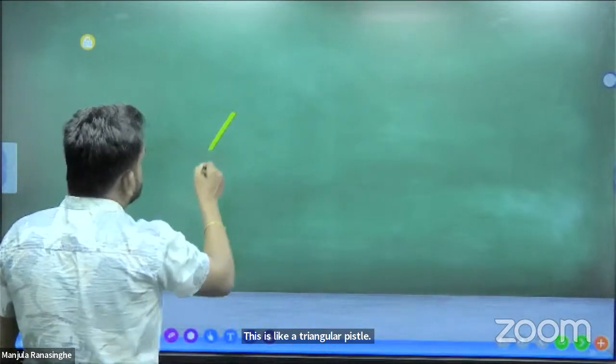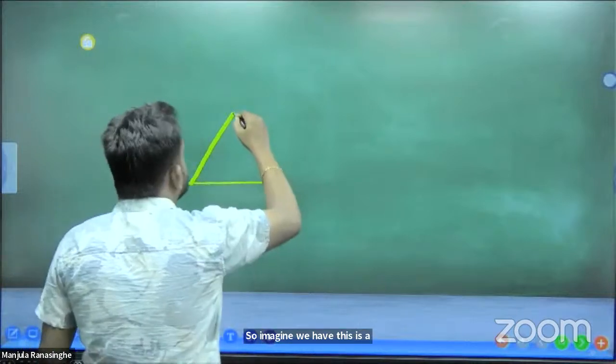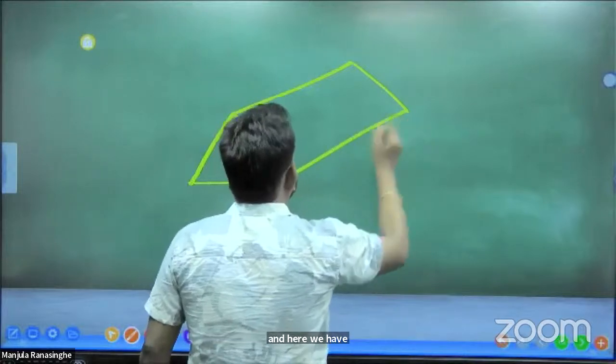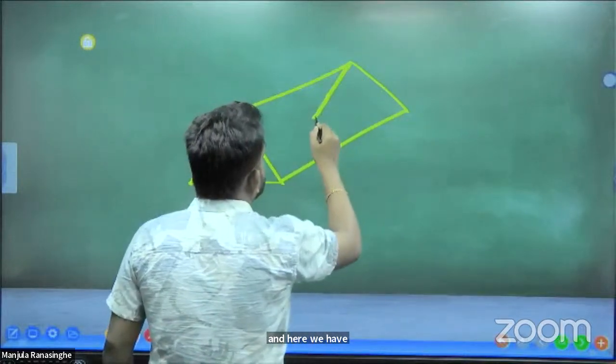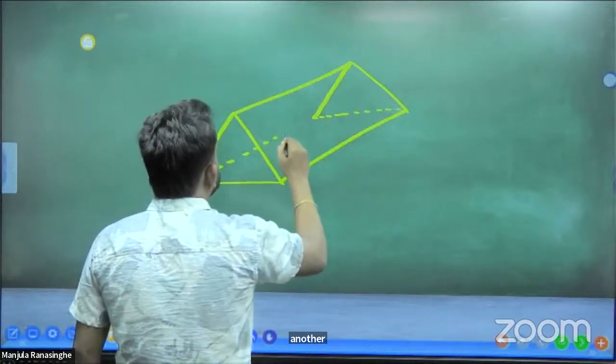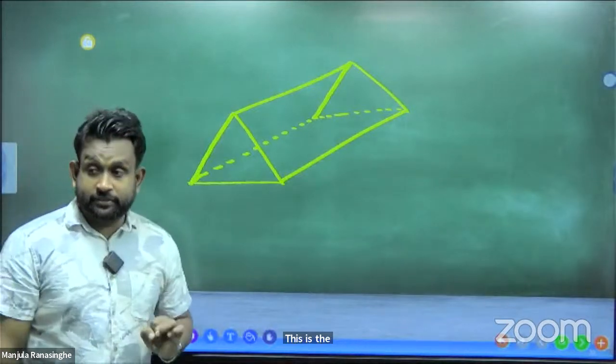Imagine this is a triangular face, and here we have another one. This is the right sketch of a triangular prism.